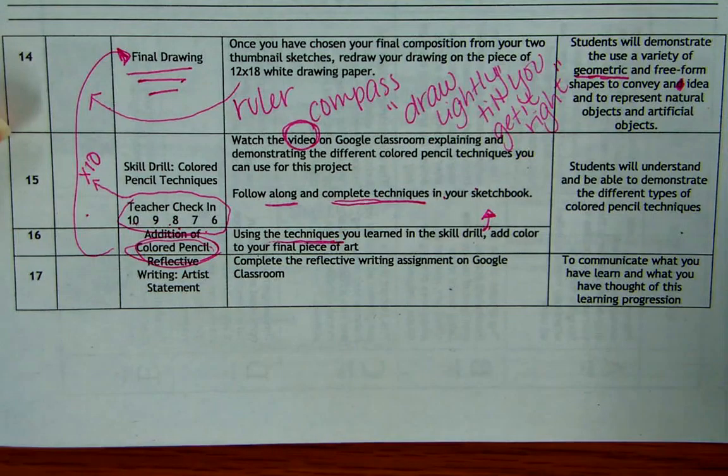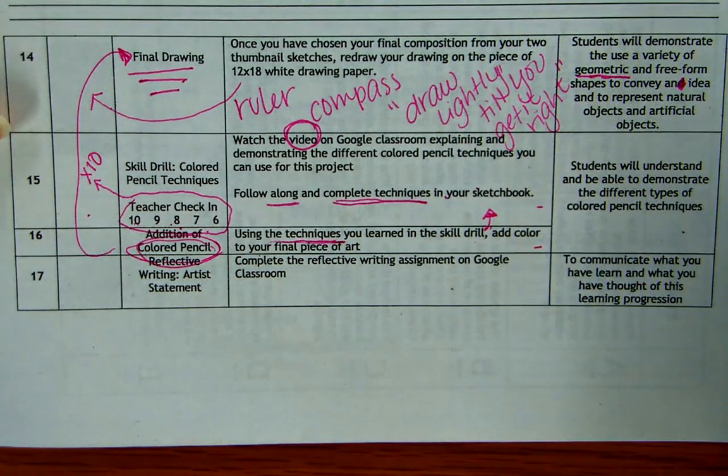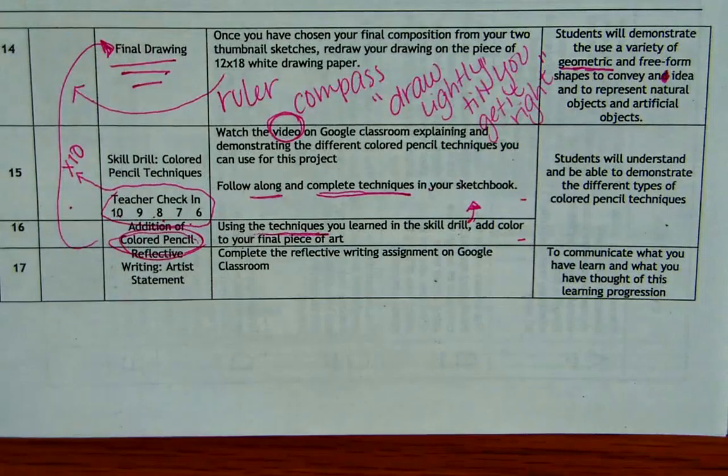Your learning objective for both the skill drill and addition of color to your project is that students will understand and be able to demonstrate the different types of colored pencil techniques. In the video, I will explain how many techniques you need to actually show in your project.